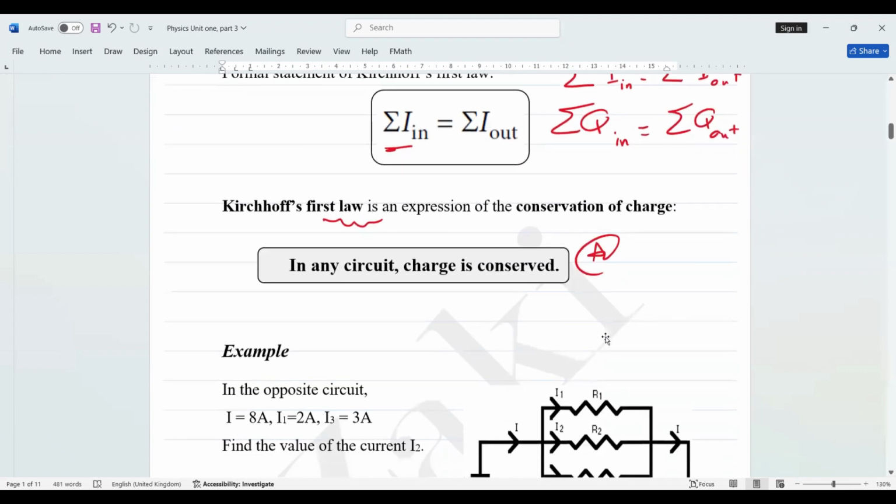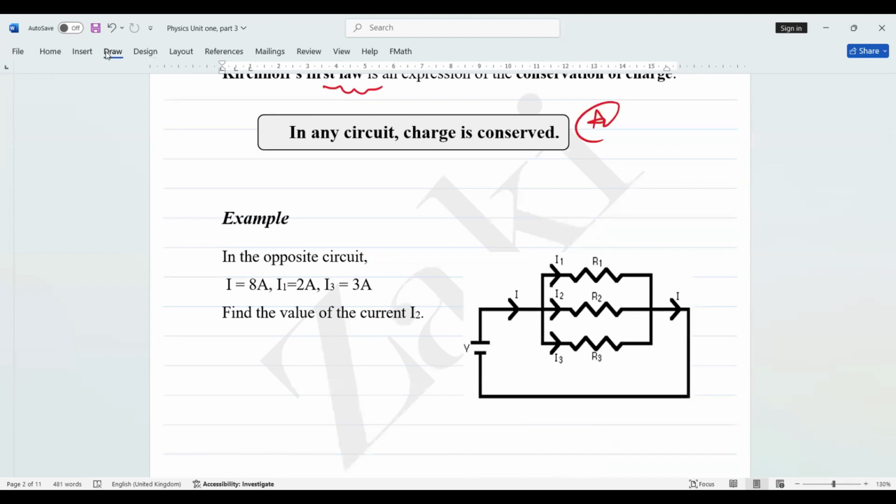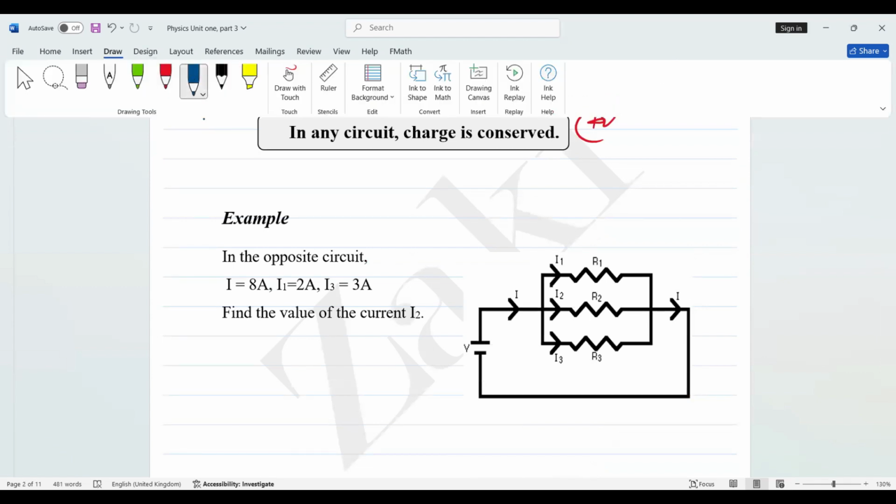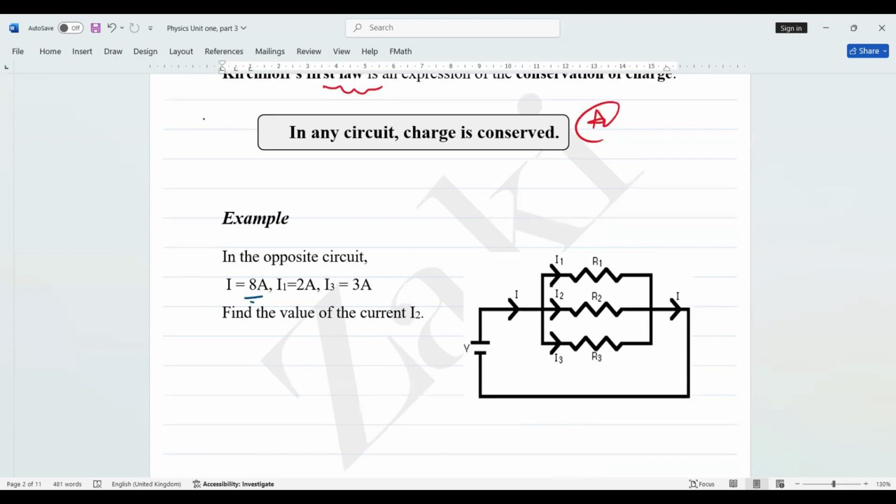Now, let us solve this example. Look at the example in front of you. I equals 8 amperes, so the current in is 8 amperes. Now we have I1, I2, I3 that are the currents out.